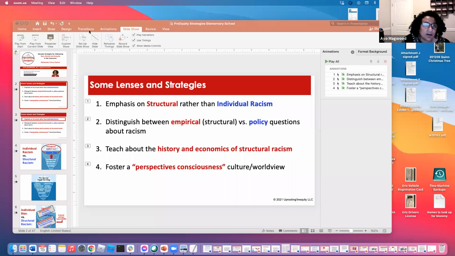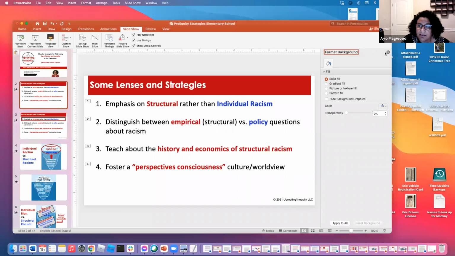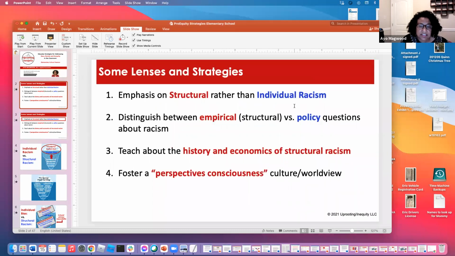So let's talk about some of the other ideas I introduced. I'm going to share my screen again. So the four things we looked at were the perspectives, consciousness, and hopefully you can see that all four of these are not completely separate.